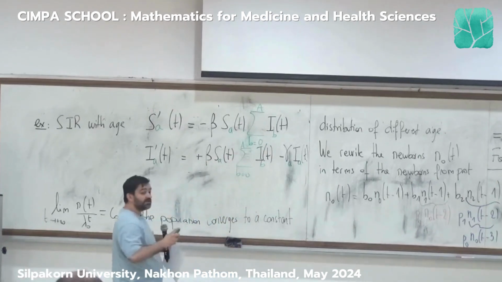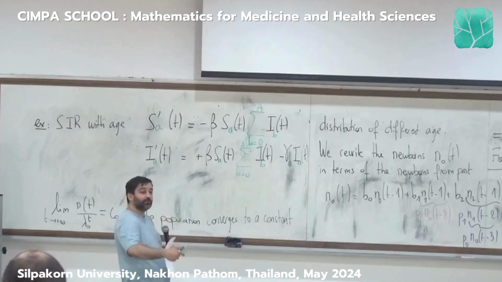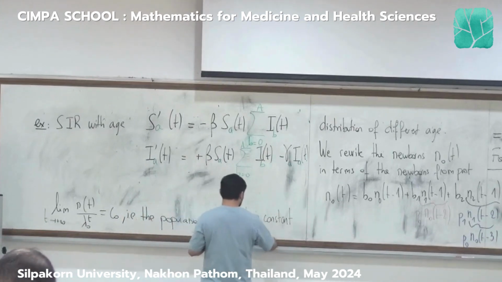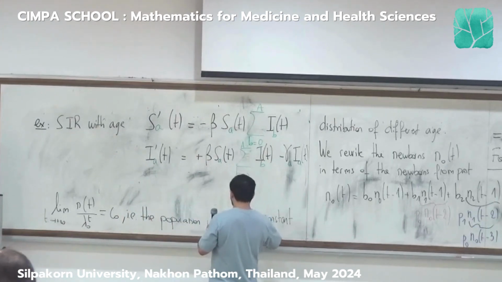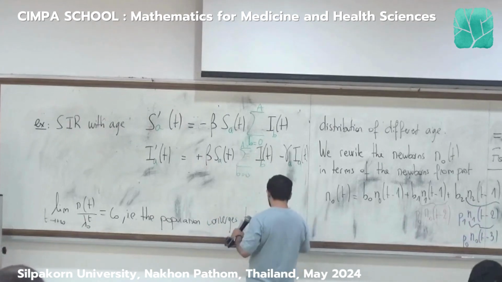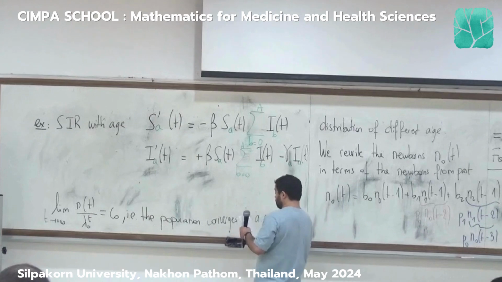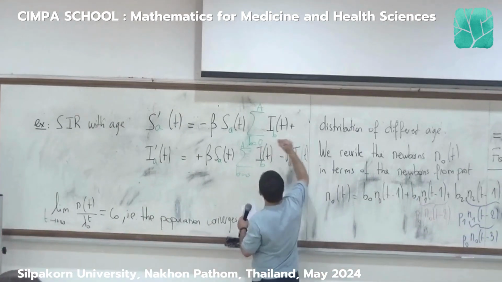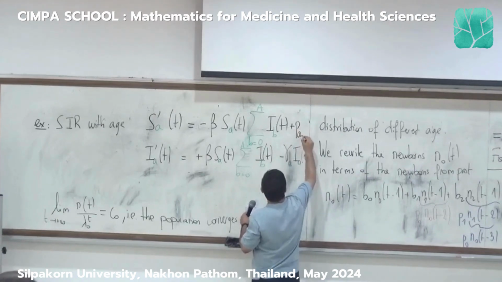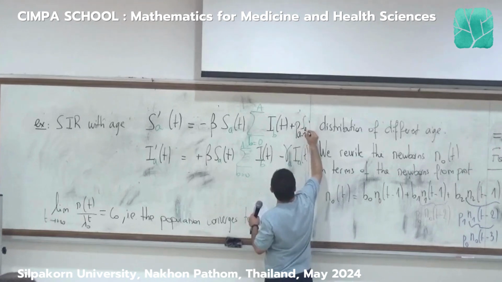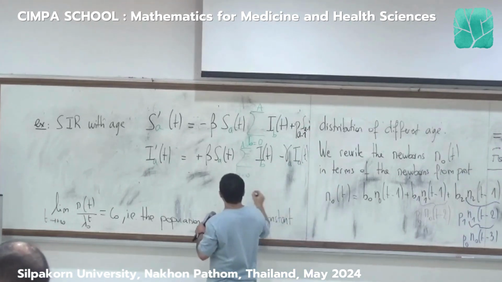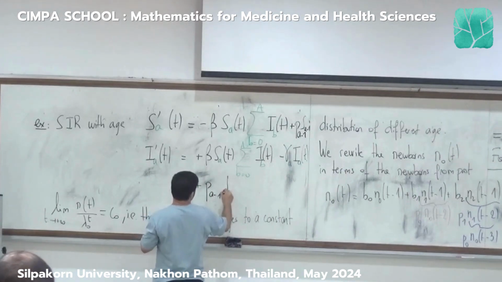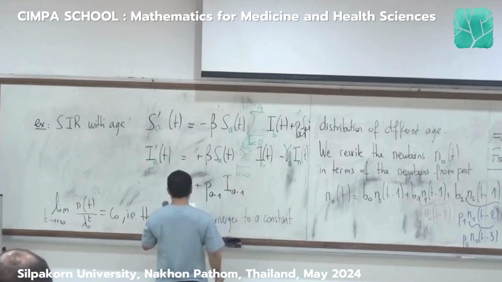And what is missing is the survivor. We are getting older, so the survivor depends on the mortality. We write that the people of age A are the people of age A minus 1 who survived.